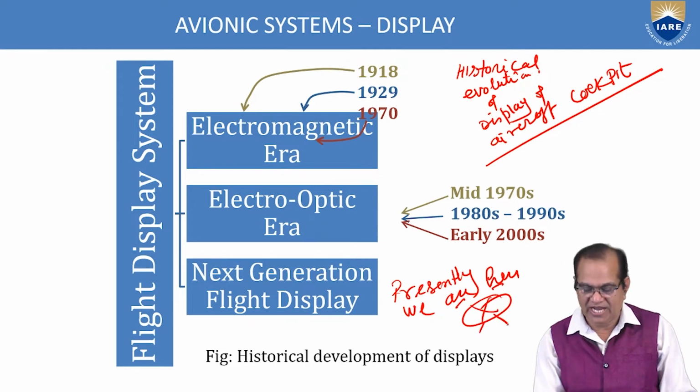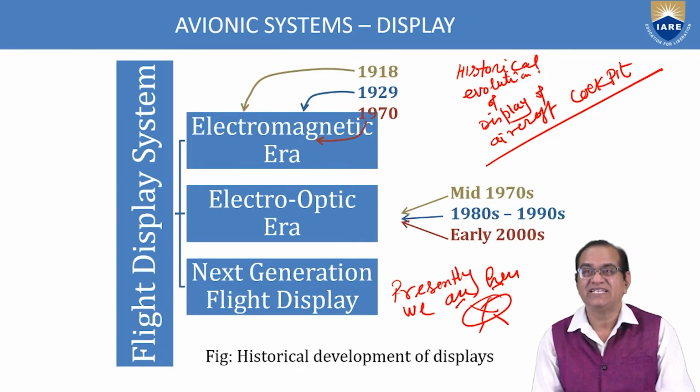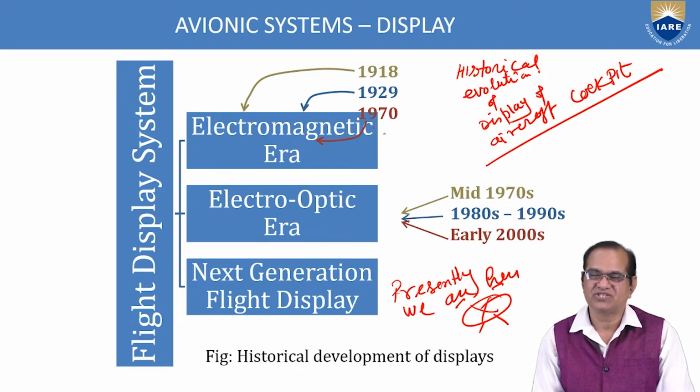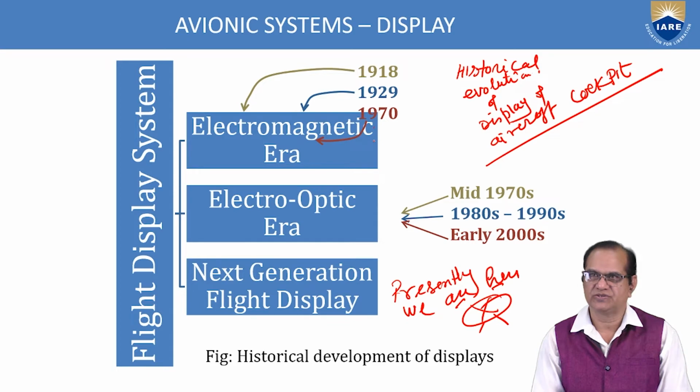Okay, so the electromagnetic era, in this we can start with 1918, then 1929 up to 1970. This era was very much powerful, and here electric and magnetic effects were used.